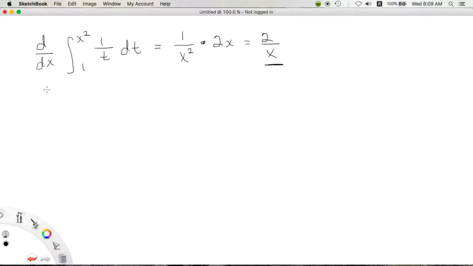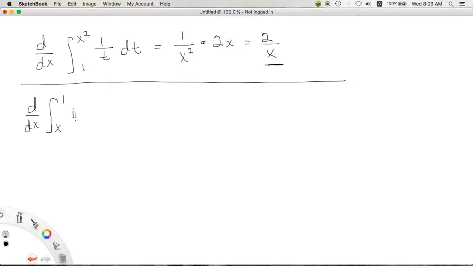Now, what happens if we confuse the issue a little bit, and instead of having our variable on the top, we have it on the bottom? Well, actually that's a pretty easy fix. So we know that the integral from x to 1 of t dt is equal to negative the integral from 1 to x of t dt.